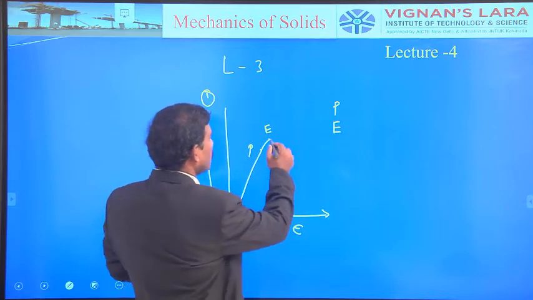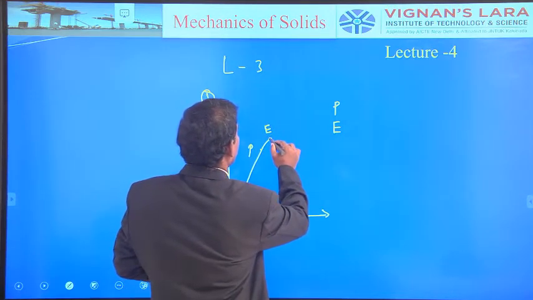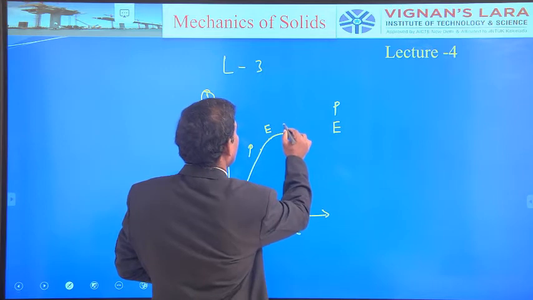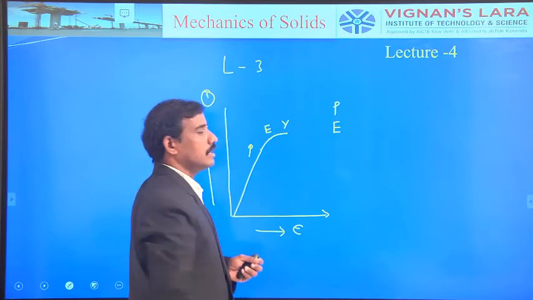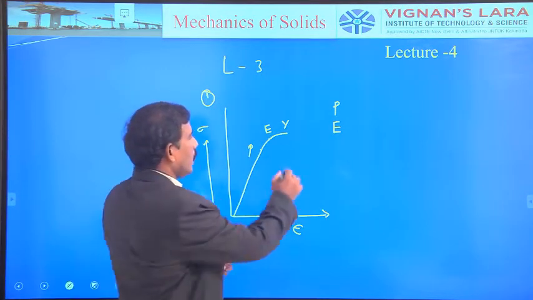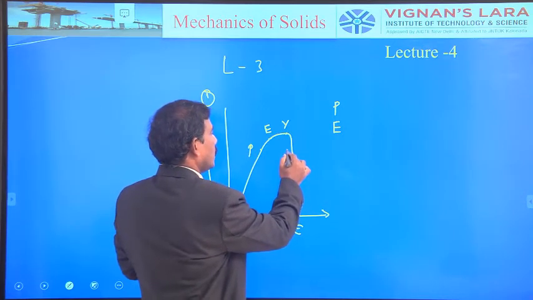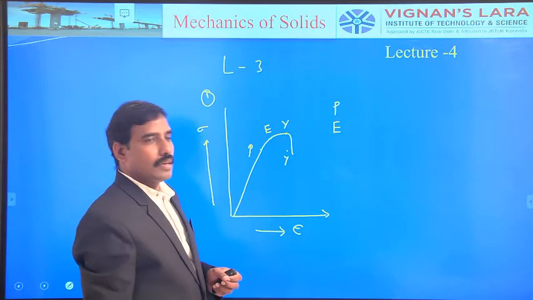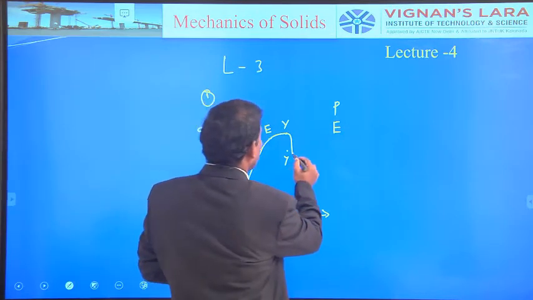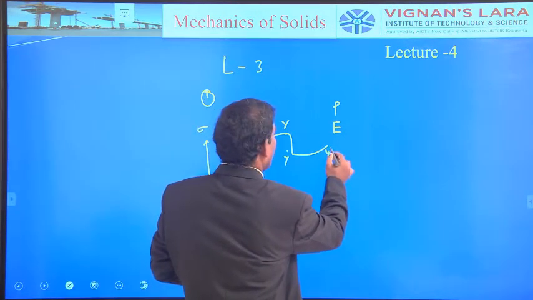Then further deformation is caused by the applied load up to Y, that is the yielding. Then there is a drop in the graph, say Y dash, for example. The yielding goes up to Y double dash also.